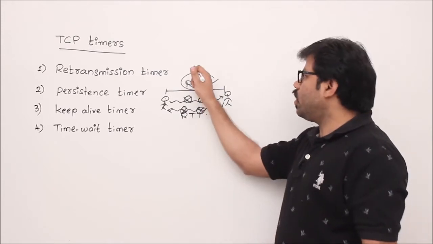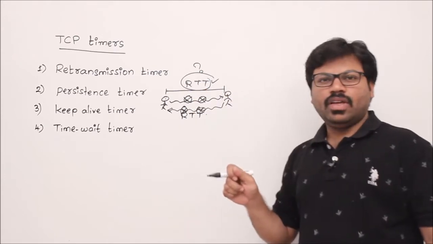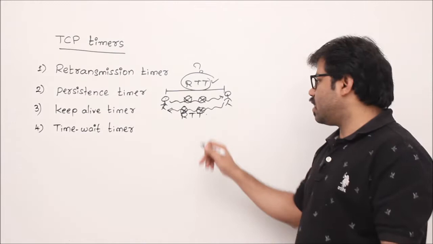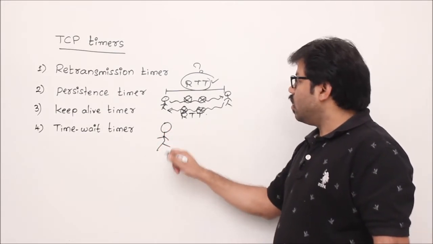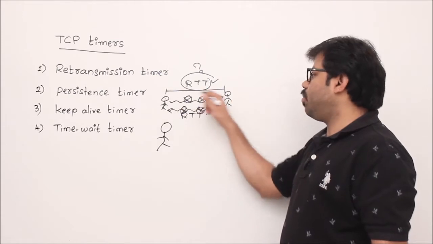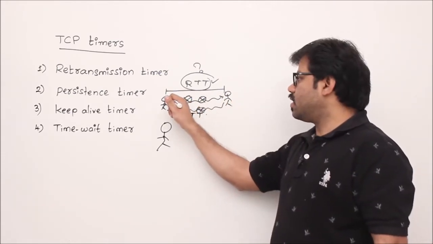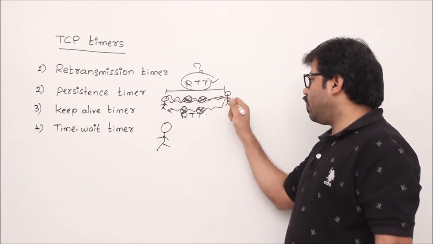But that's how TCP is going to calculate round trip time. Once we compute the round trip time, then we can keep the retransmission timer based on this value. Example, let's say we ask God to tell us the exact round trip time. What is round trip time here? It is when a sender sends a packet, it goes through this network and reaches the destination.